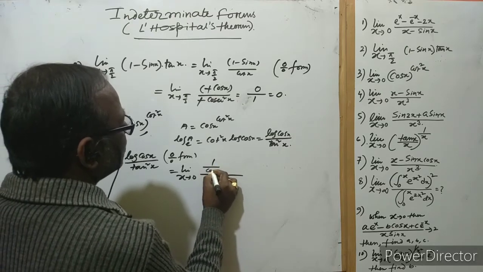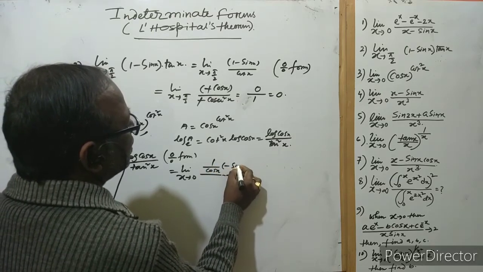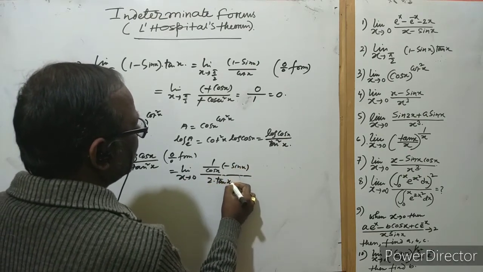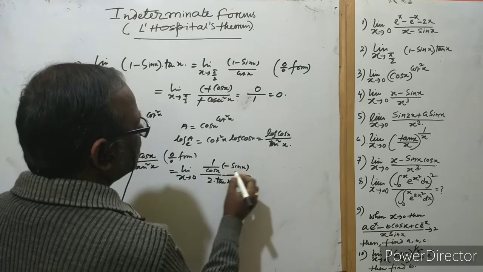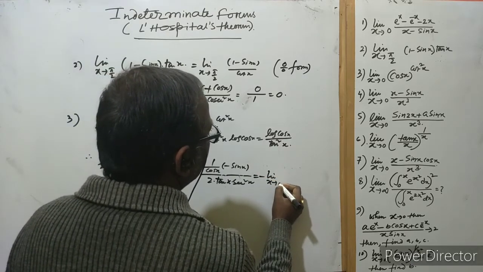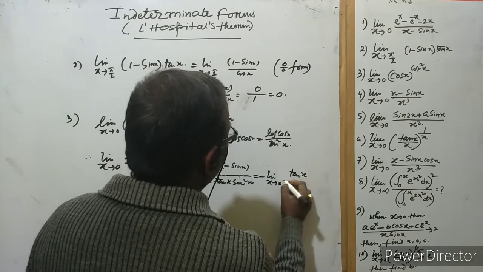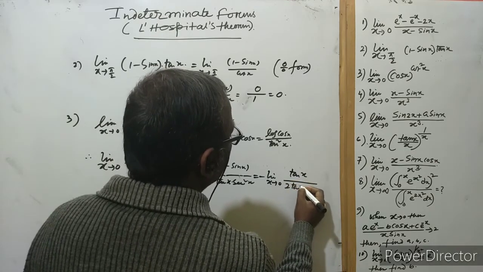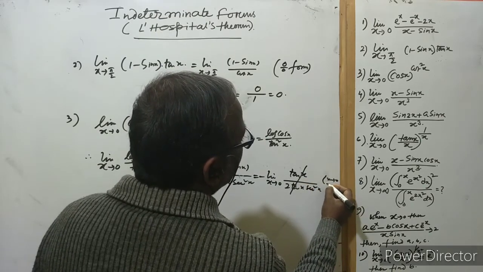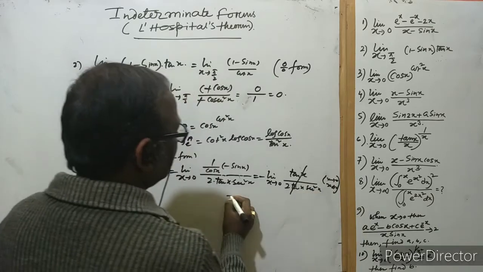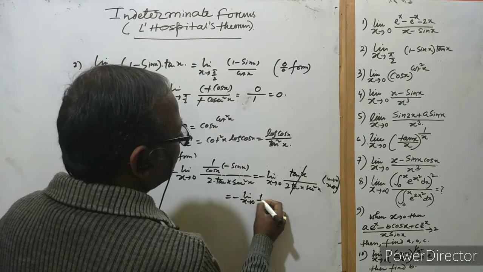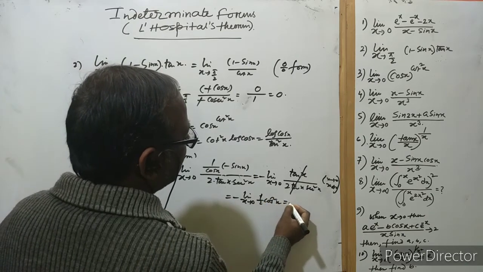Differentiate: this is 1 by cos x into minus sin x over 2 tan x into sec square x. That is minus limit x tends to 0 of tan x over 2 tan x sec square x. As x tends to 0, x is never 0, so we get limit x tends to 0 of 1 by 2 sec square x, which is half.